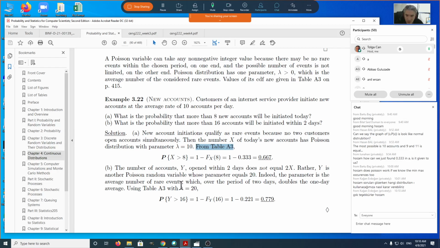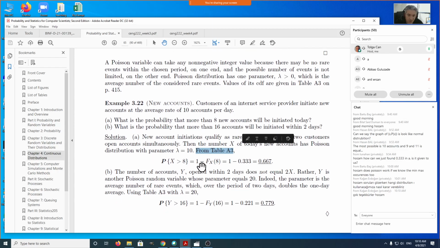All right. So if you look at this example, we make use of the CDF at the end of the book, the appendix, table A3, to get this 0.333. You may also use MATLAB or Octave Online to get this probability. In the exam, you'll probably mostly leave it like this.